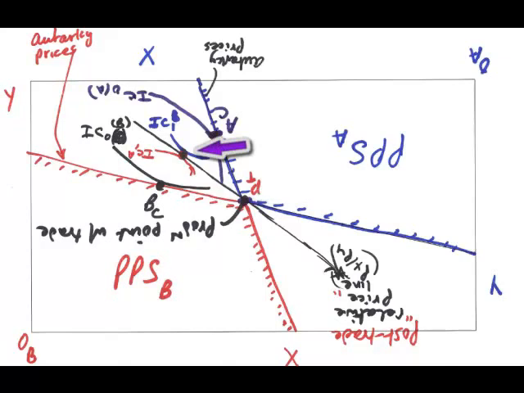And that would show that country B that started out consuming at this level right here can now consume more. Country A, which started consuming at this level, can now consume more. And that tells us that there are gains from trade.